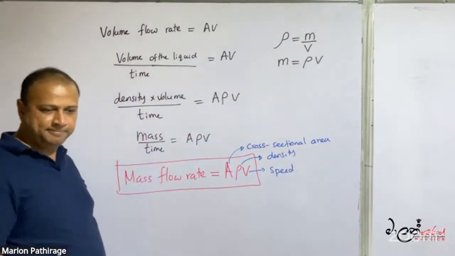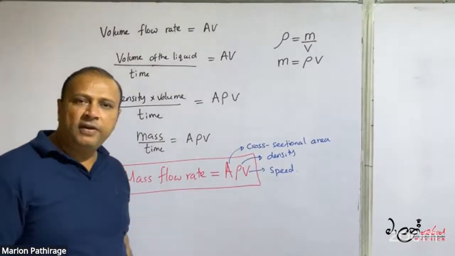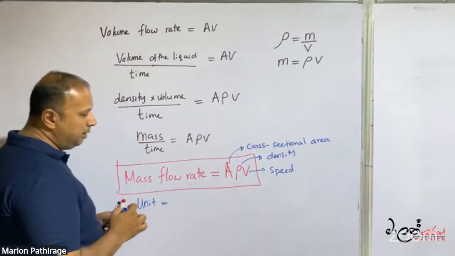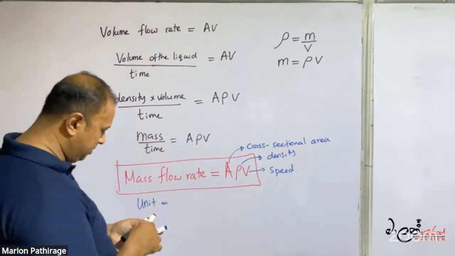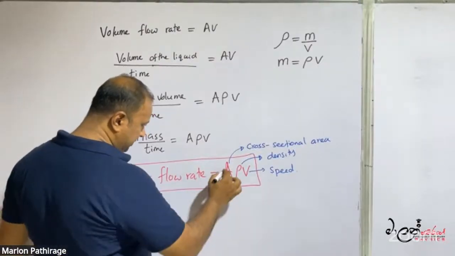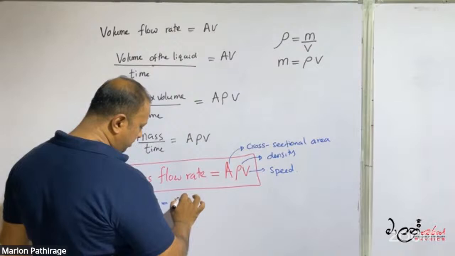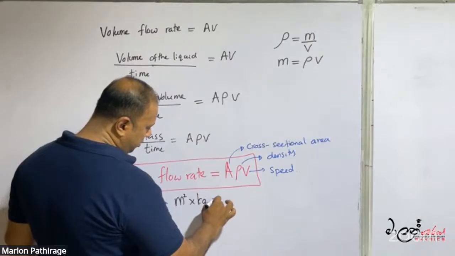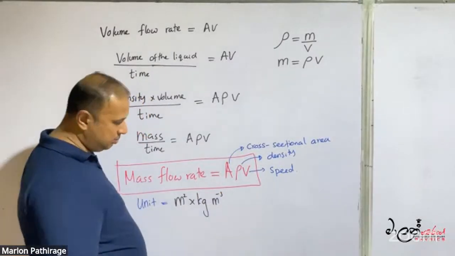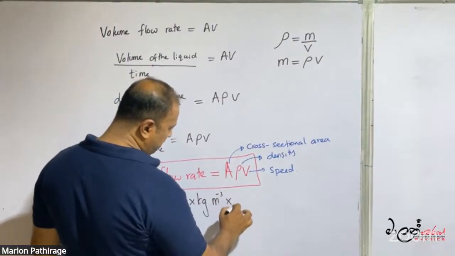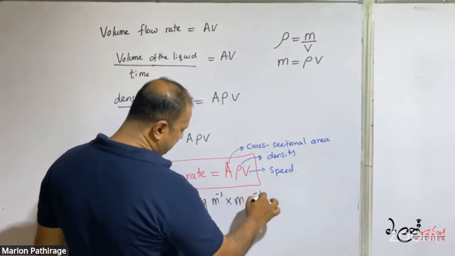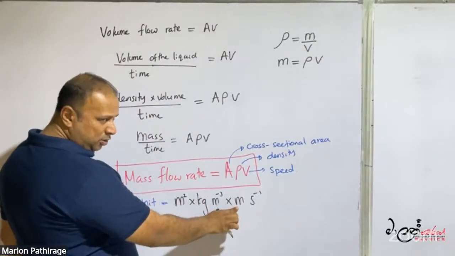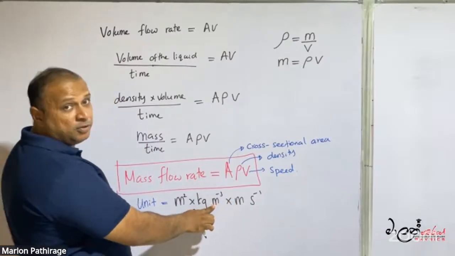If I consider the units: A is cross section area, meter squared. Density is kilogram per meter cubed, kg m^-3. V is meters per second. The m squared times m per second gives m cubed per second, which will be cancelled with m to the power minus 3.